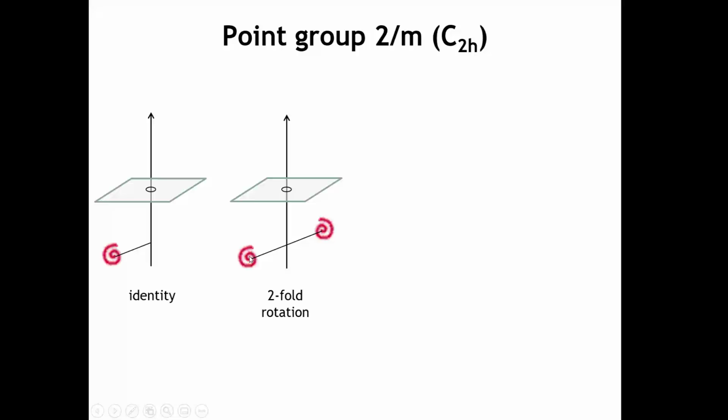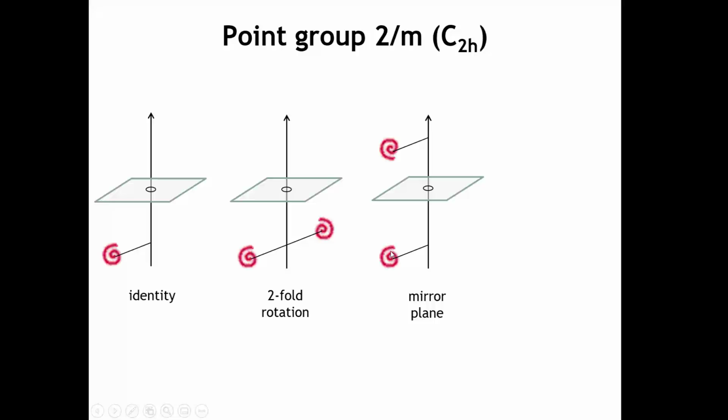So rotate by 180 takes this point and puts it over here. Okay, the object is over here. Let's start with this first picture and then do the mirror plane perpendicular to the axis. This is the mirror plane we're showing here. And that's going to generate this object, the mirror image of the original object.